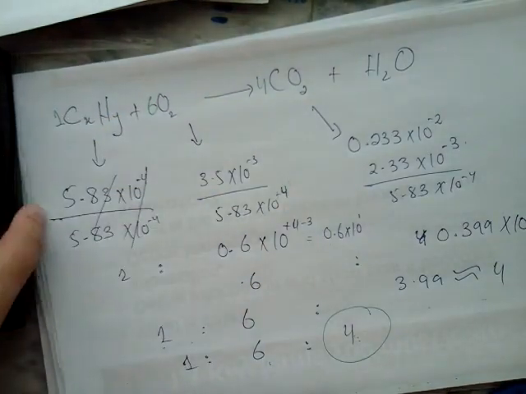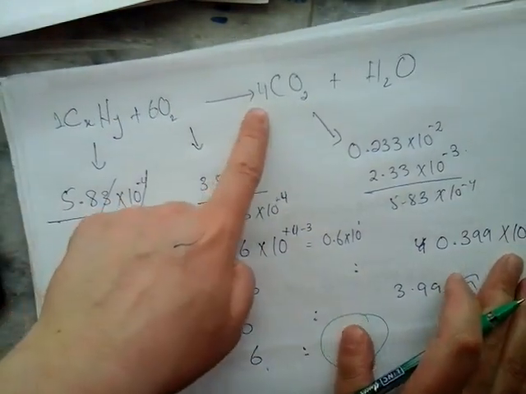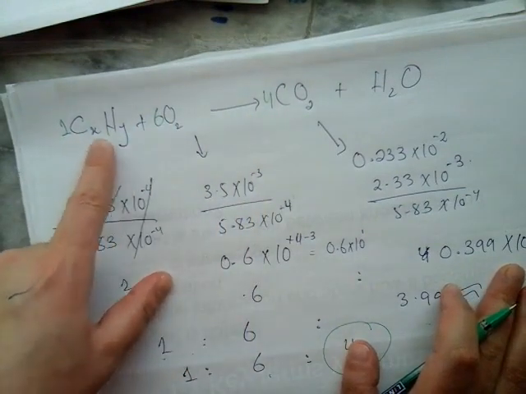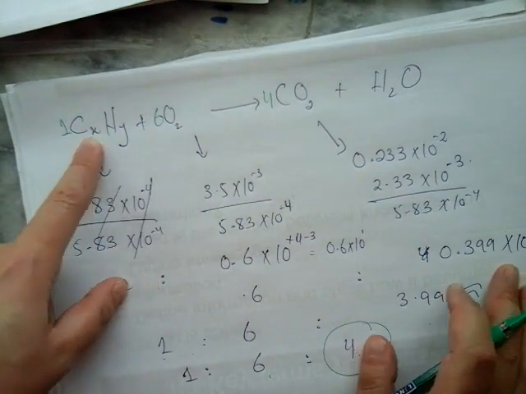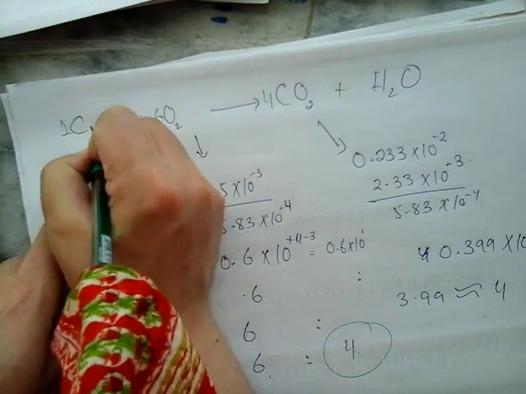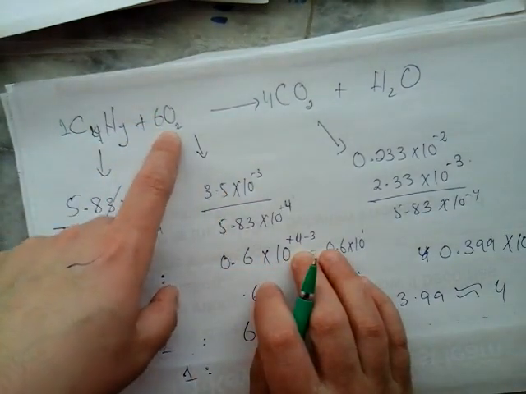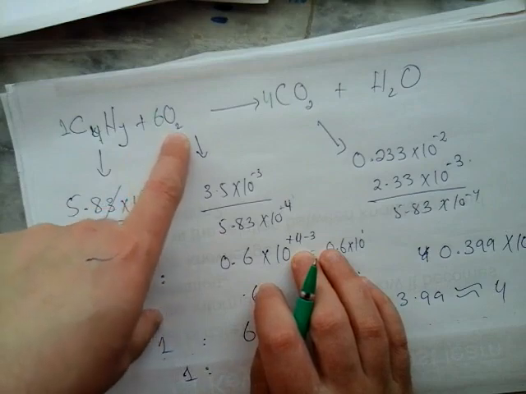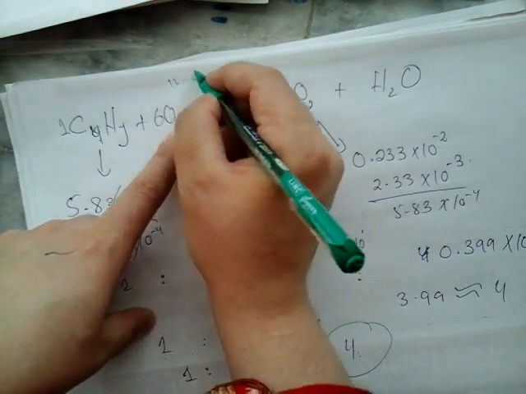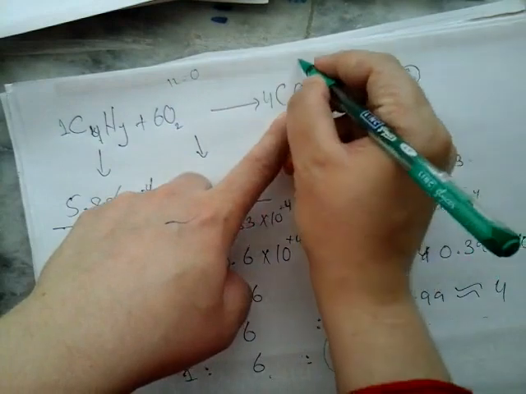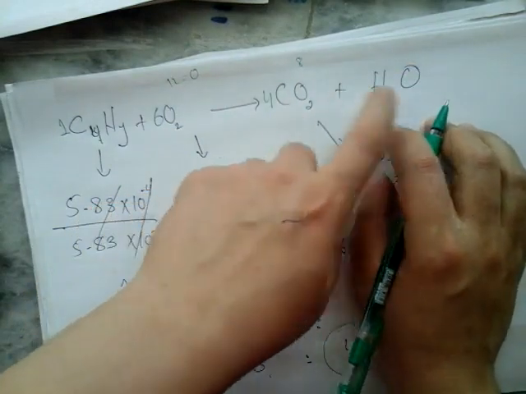Okay, now let's balance the equation. 4 carbon over here, so the number of carbon, x, would become 4. Is that clear? And 6 times 2 is 12. Okay, 12 oxygen are on this side, and on the other side 4 times 2 is 8 oxygen. How many more oxygen are required?